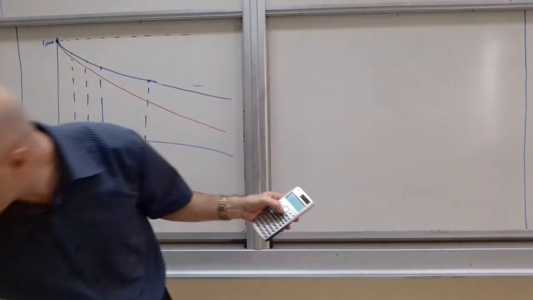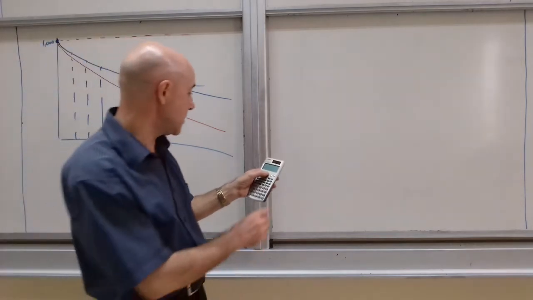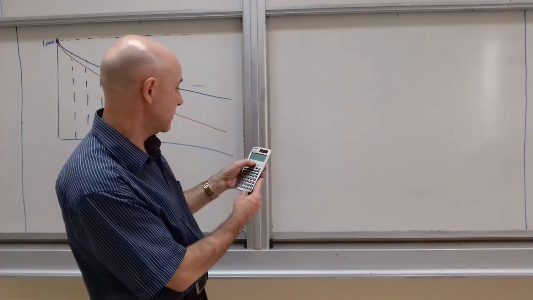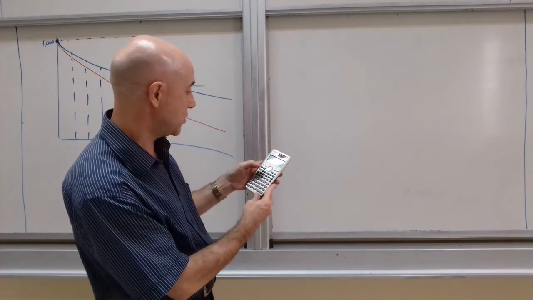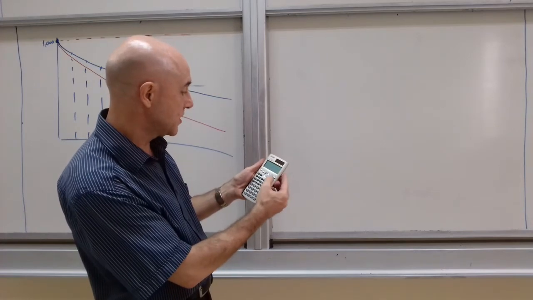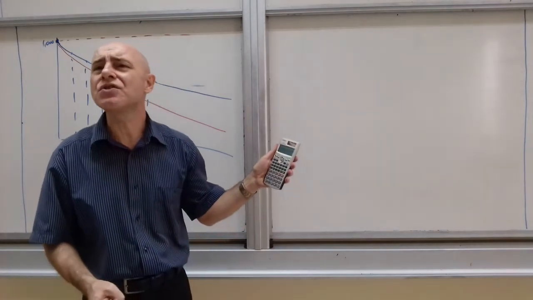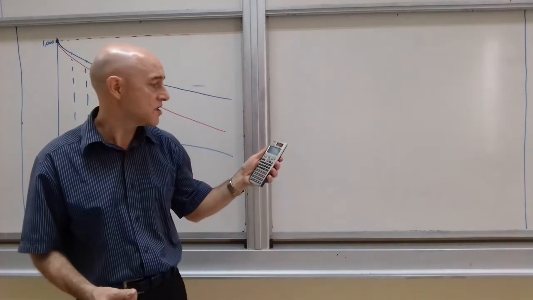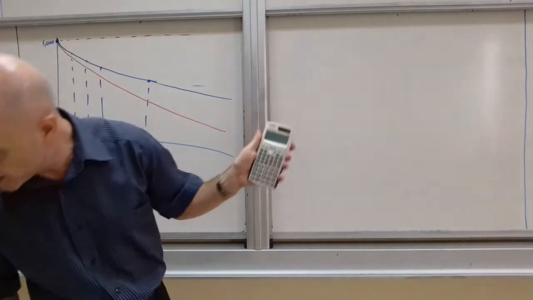Okay, and what else do I have? How many years? 10 years. N equal to 10, enter. And our interest rate, solve. 6.000, 6 with like 3 zeros, okay? So, the solution is 6%.